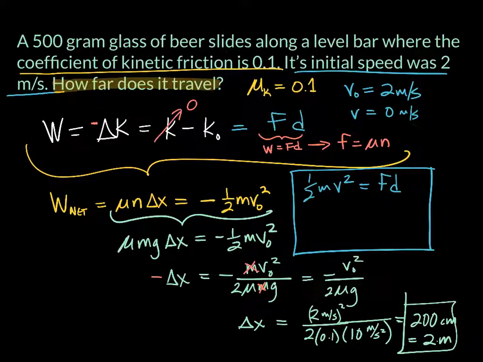You could just go straight to the answer. And of course, distance would end up being mv squared over 2 times the force of friction, or mv squared over 2 times mu mg, and you get the same thing. Okay? And you didn't have to worry about the negatives, dropping that or forgetting it, all that stuff.